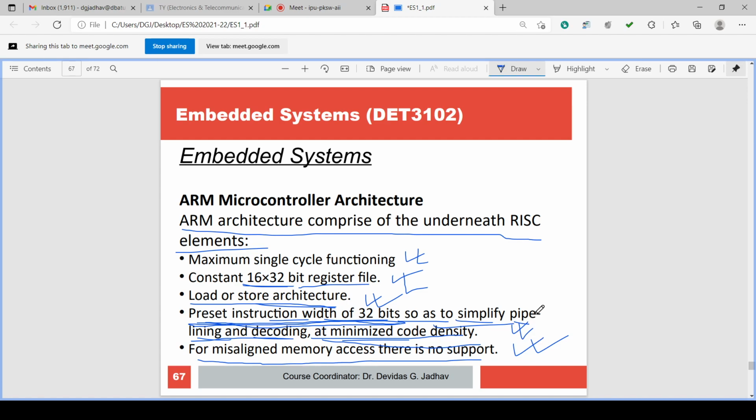In simple words, whenever the computer, microcomputer, or microprocessor has the facility of parallel processing or pipelining, it is executing some instruction.